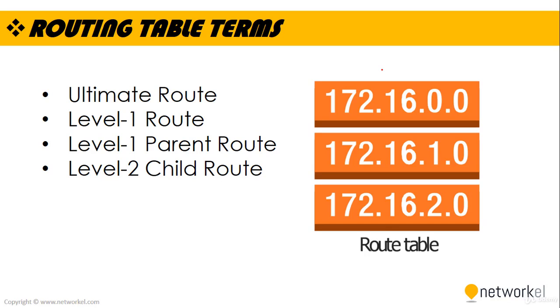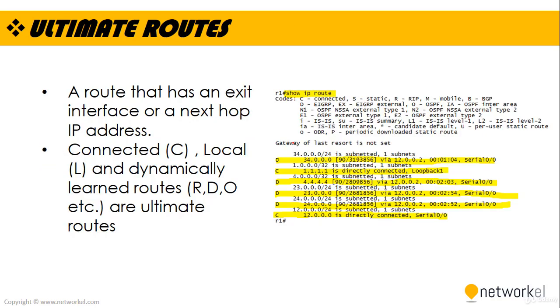Routes are discussed in terms of ultimate route, level 1 route, level 1 parent route, and level 2 child route. An ultimate route is a routing table entry that contains either a next hop IP address or an exit interface.